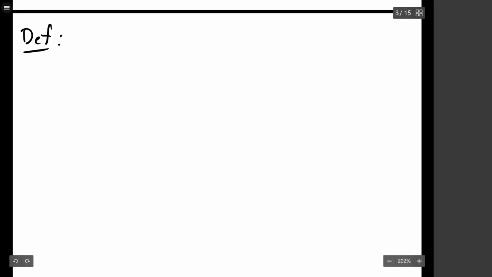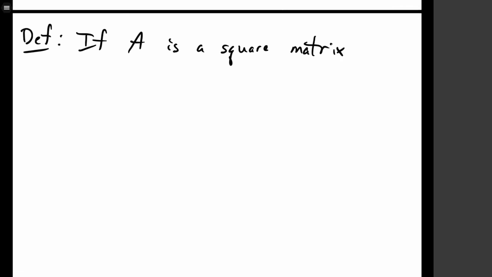All right, so definition. If A is a square matrix, all right, so determinants, we can only take these of square matrices.